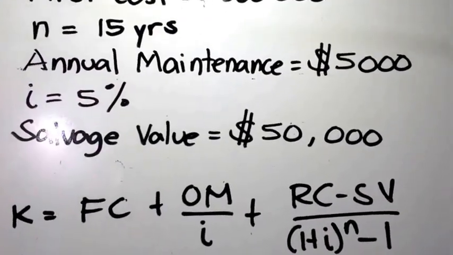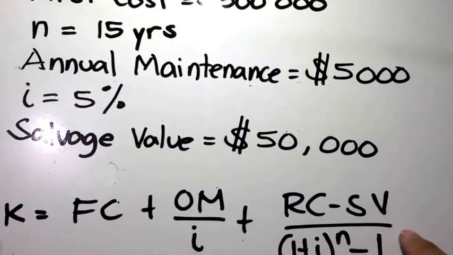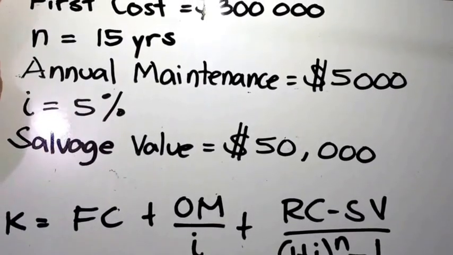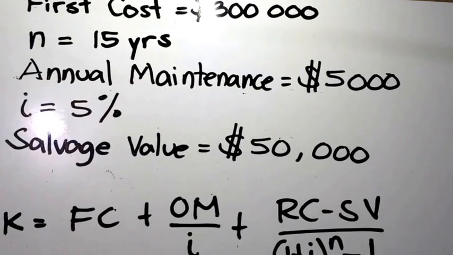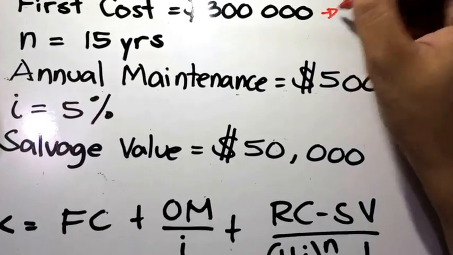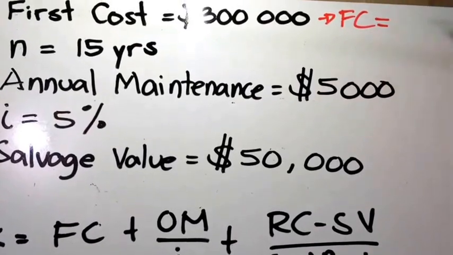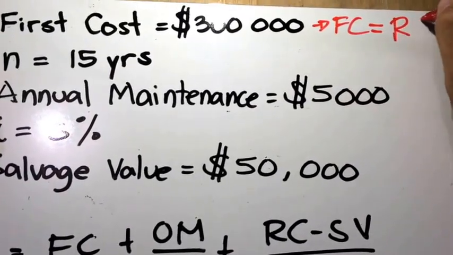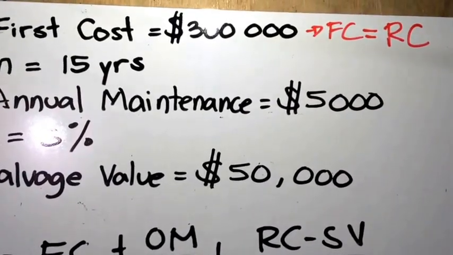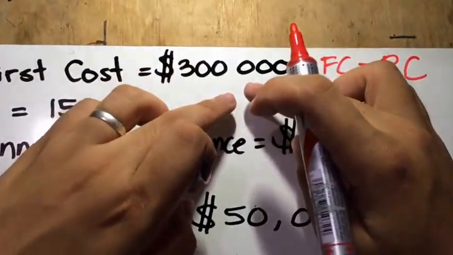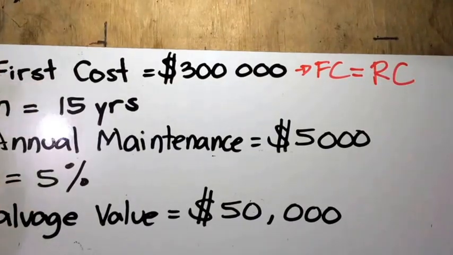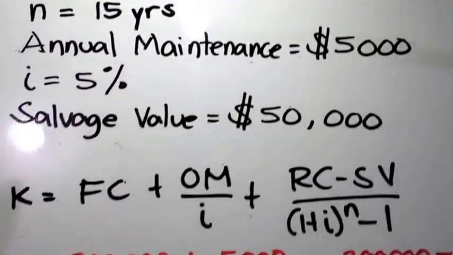So we will use this formula for our capitalized cost. If you can see in our data, the replacement cost is not given. When the replacement cost is not given, it's implied that the first cost is also the replacement cost. So it makes sense because when you replace it, you buy another machine just like the original one. So that is the replacement cost.